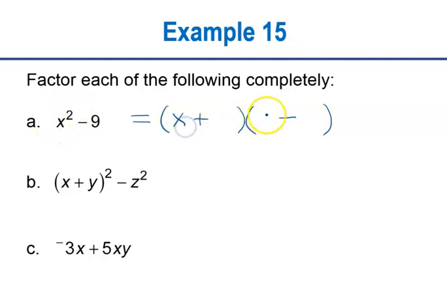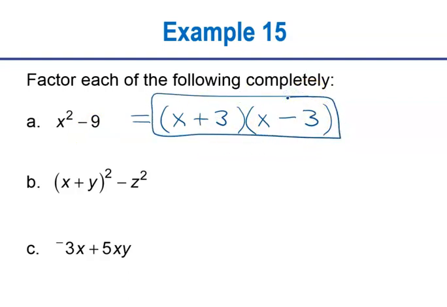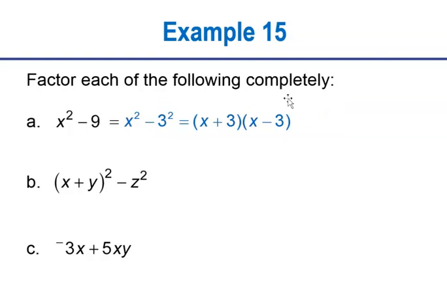Well, that must be x, right? And then the same situation here. What number goes in the second position that if we squared it, we would get 9? Well, think about what number squared gives me 9. That is 3. And this is factored completely. And there it is typed up for you.